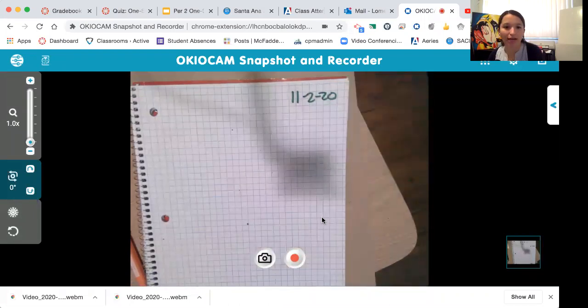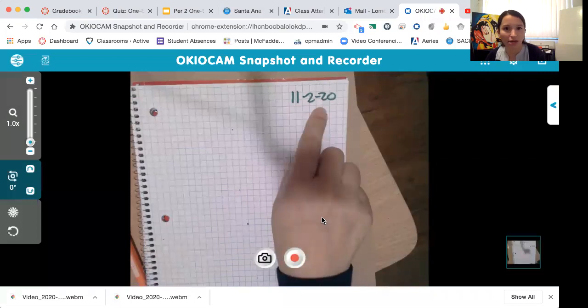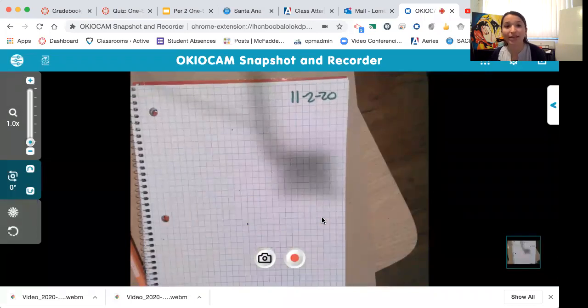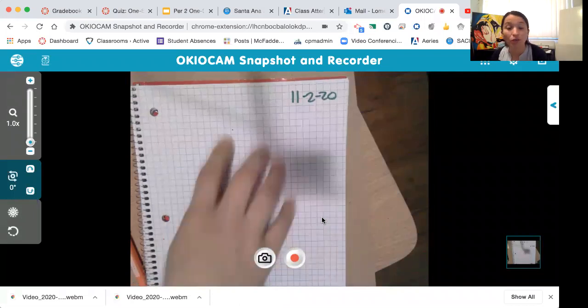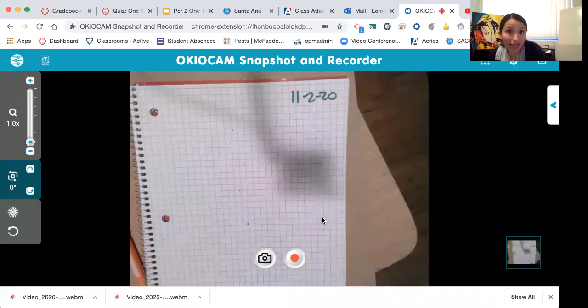So everybody right now in class is writing the date down in your notebook, and you're going to copy down everything I write. Because on the test, I might ask, hey, on November 2nd, what was the first problem we did together? And then you would go here and literally just copy down the problem. And that's a test question.